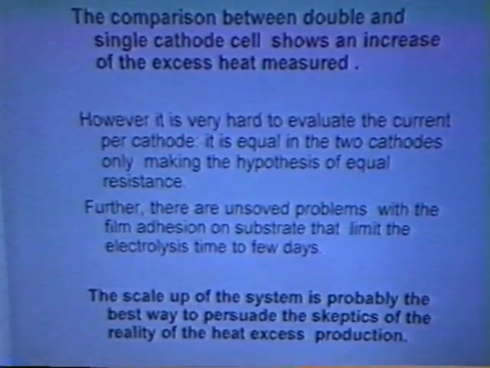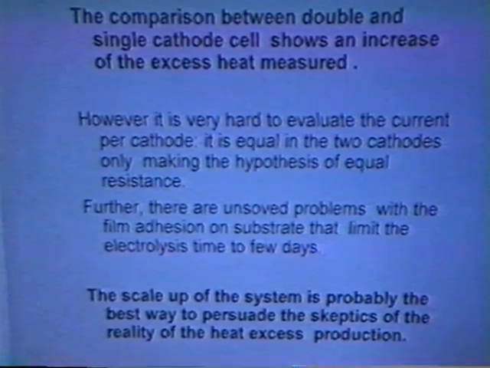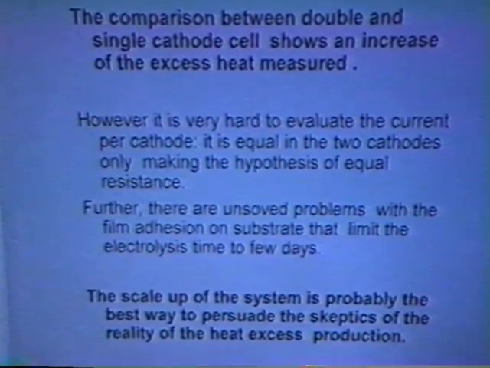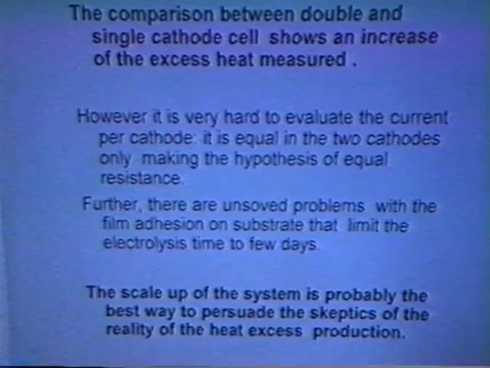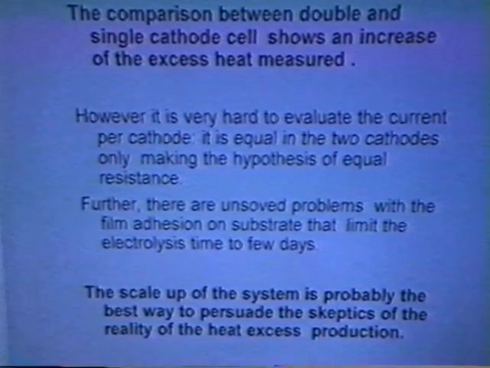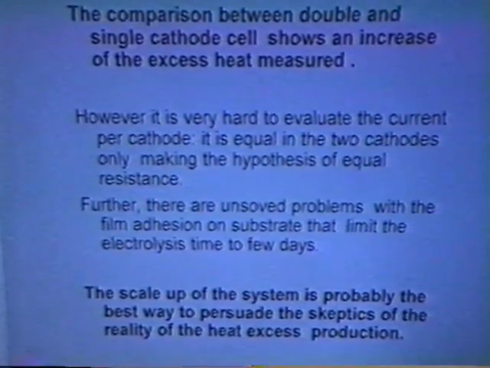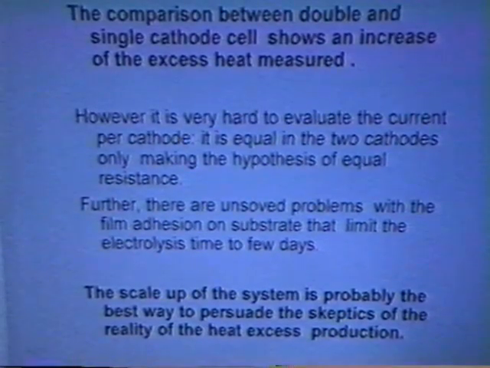Then there is an unsolved problem with the film adhesion on the substrate. The electrolysis lasts only a few days, at the end of which the palladium film goes down, becomes powder. And we think that scaling up the system is probably the best way to persuade the skeptics of the reality of excess heat production.